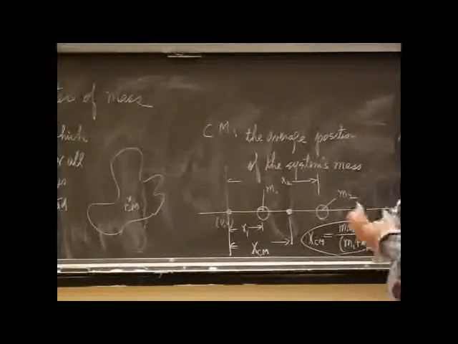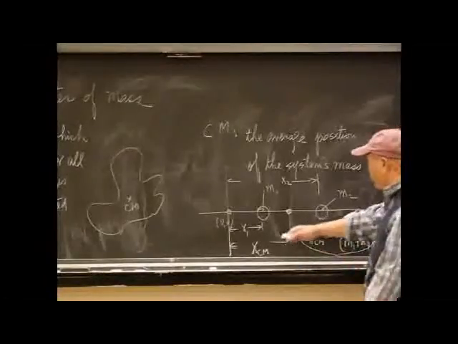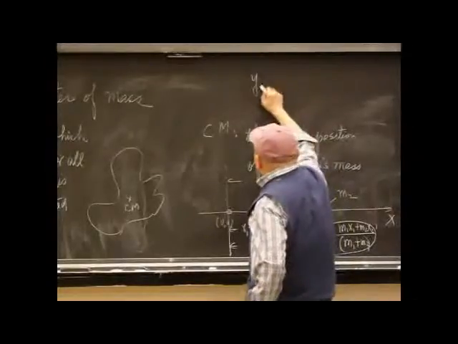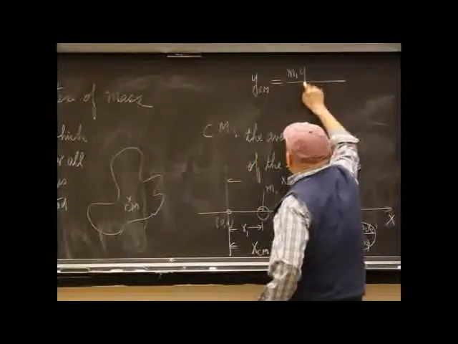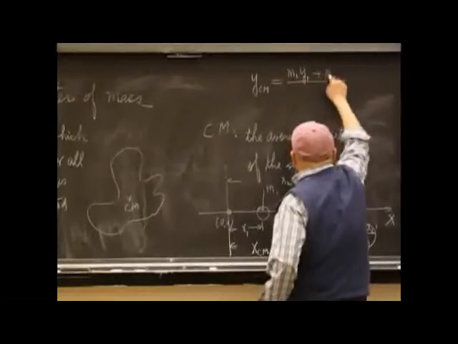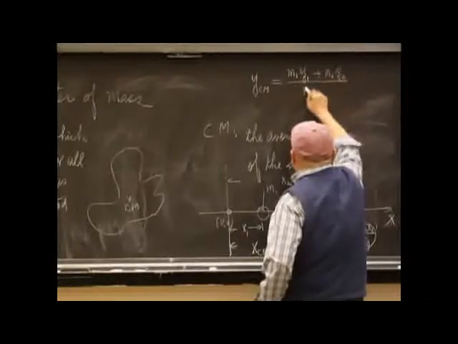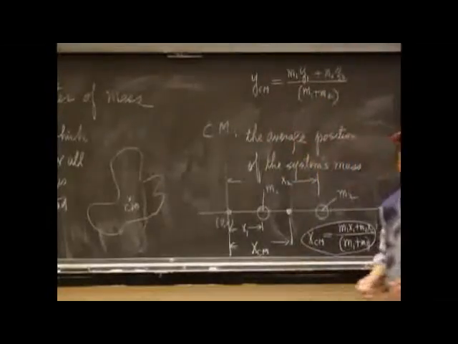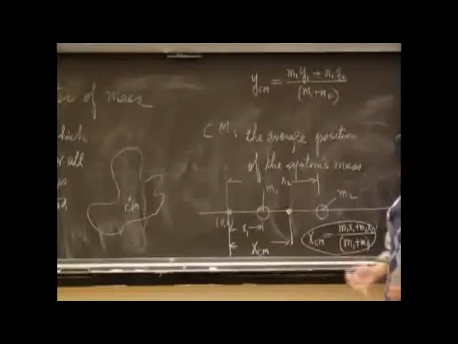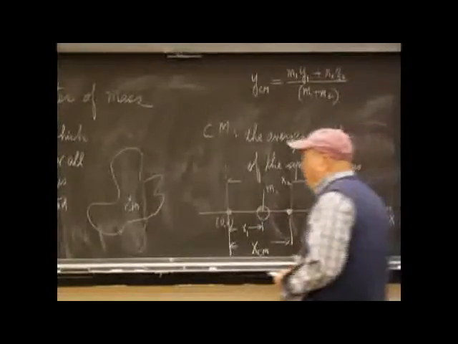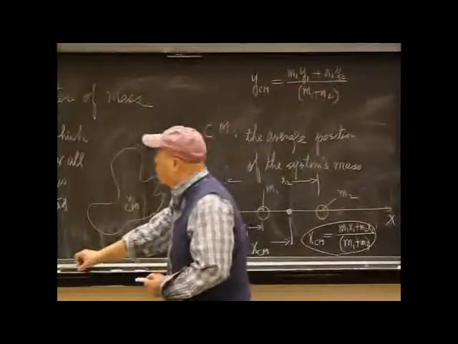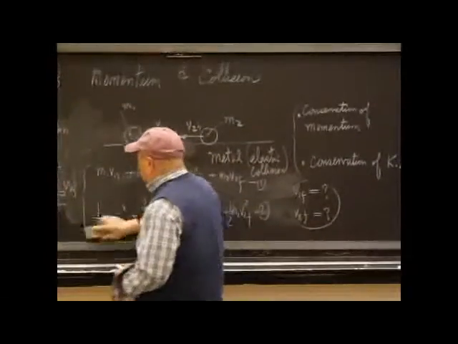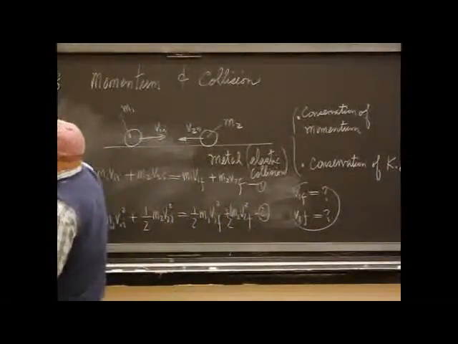Then it is extended in the y direction. If it's a y direction, they can use the same technique. Y center of mass is m1 y1 plus m2 y2 divided by m1 plus m2. Now, if there is more than one particle, much more than that, then what would you have? You have a lot of them, and in 2 dimensions.